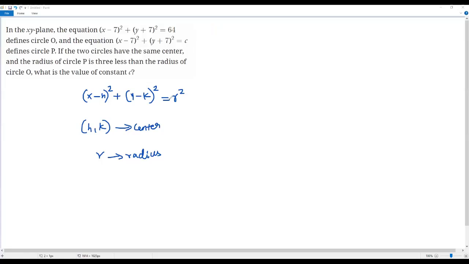Okay, always in the equation of a circle in standard form, the value on the right side is r², that is the square of the radius. So in circle O, what is the value on the right side? It's 64. So 64 is the square of the radius, that is, instead of r² we have 64. If I solve for r, what do I get?